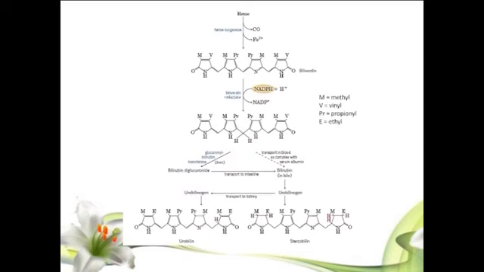Bilirubin is largely insoluble and travels in the bloodstream as a complex with serum albumin. In the liver, bilirubin is transformed to the bile pigment bilirubin diglucuronide. This product is sufficiently water-soluble to be secreted with components of bile into the small intestine, where microbial enzymes convert it to several products, predominantly urobilinogen.